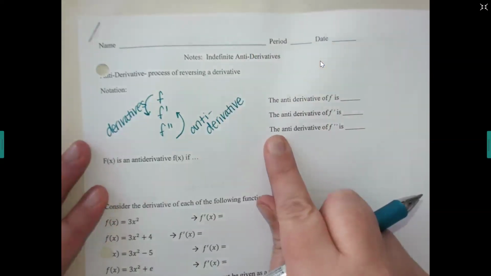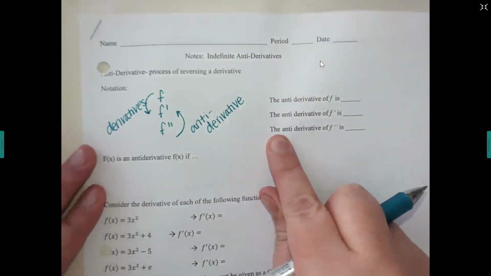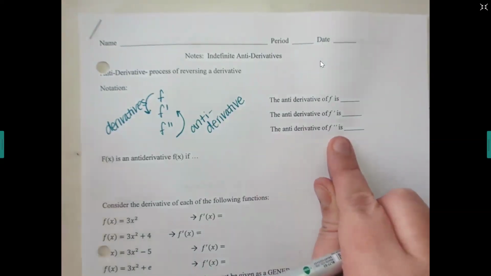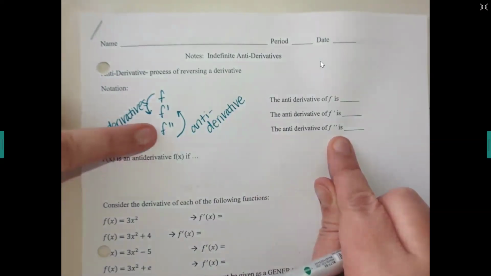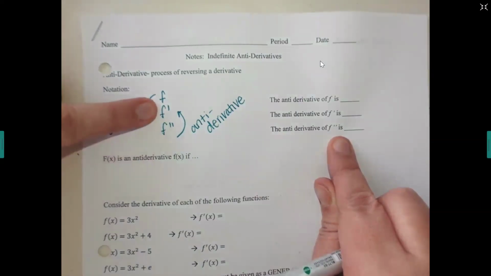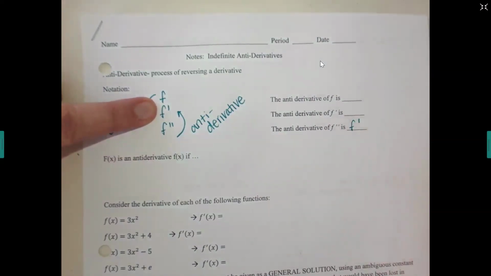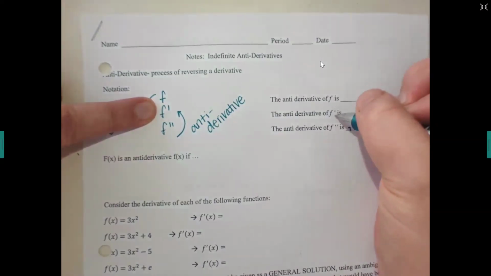So here's what I mean by that. Read right here. It says the antiderivative of f double prime. That means I would be undoing one of the derivatives off of f double prime. That would put me at what? F prime. And then if I do the antiderivative of f prime, I'm undoing one of the derivatives.